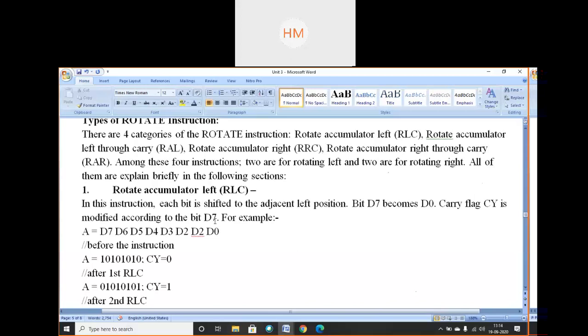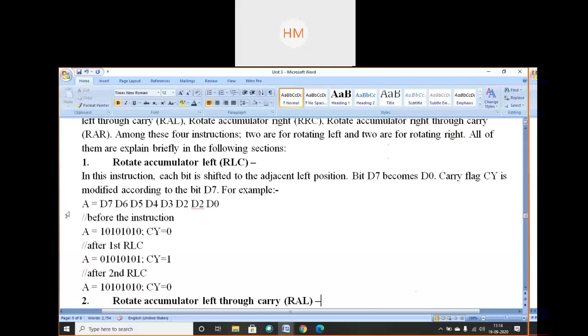Okay, so this is the example. You can see before the instruction A is equal to 101010, carry flag is 0. After first RLC, what will happen? Rotate left. So this 0 will be shifted over here. You can see 0 is shifted to the left side.